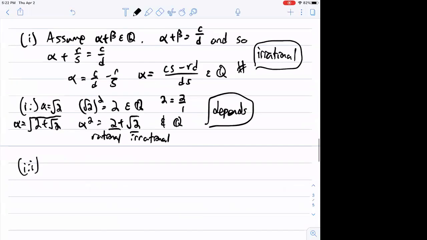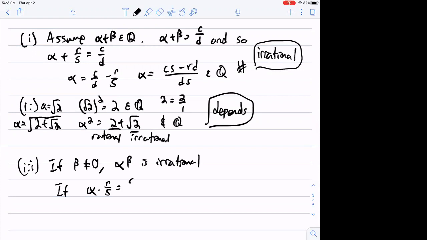So let me just write, if beta is not equal to 0, alpha beta is irrational, right? That's clear because if beta is not 0, it's R over S, and if this was C over D, you just multiply by the reciprocal. And this would mean alpha is in Q, right?